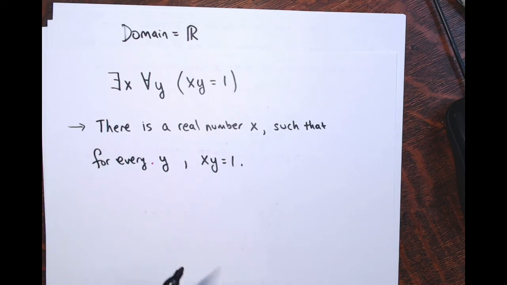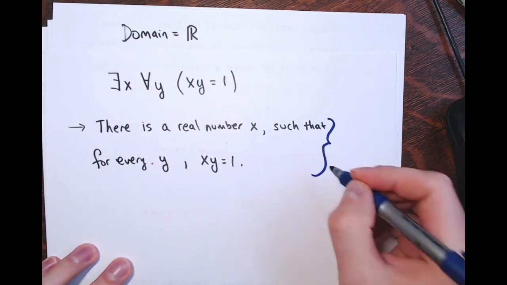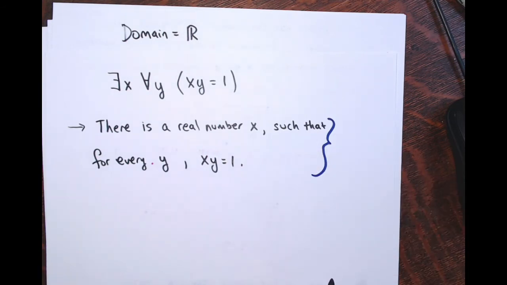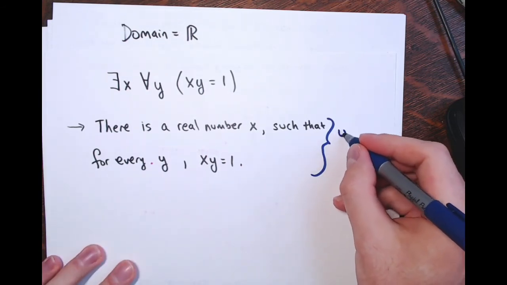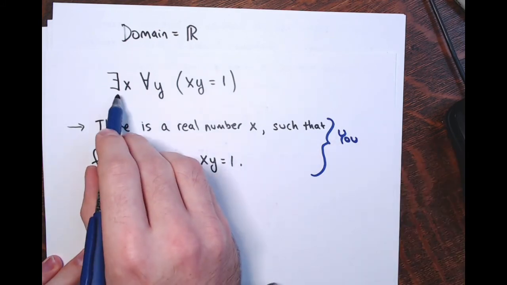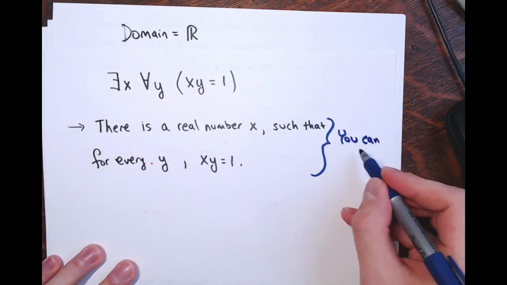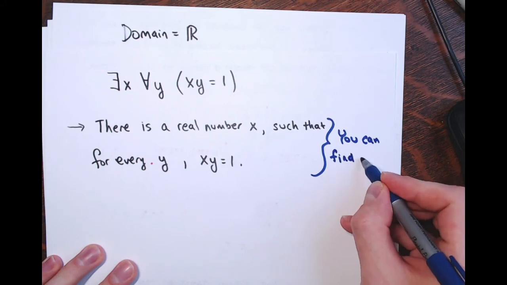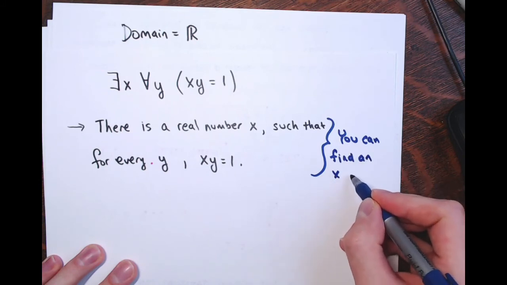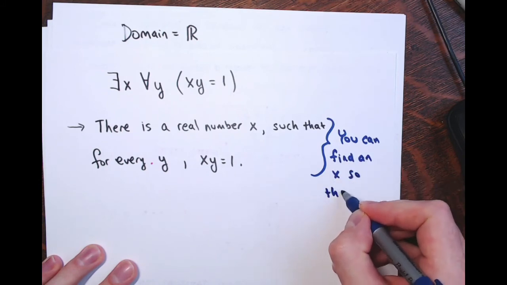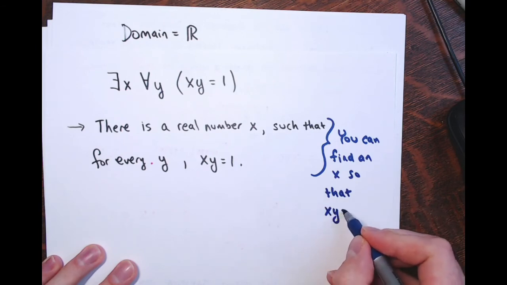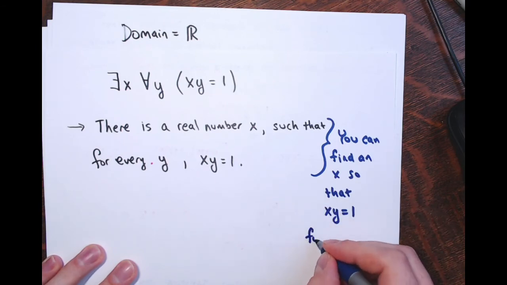Another way to think about this is that you can find an x so that x times y equals 1 for any y.